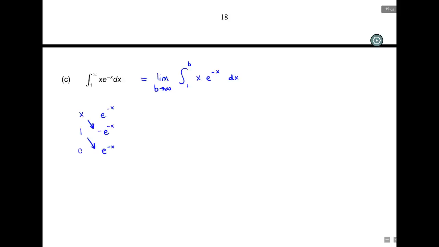And then we go diagonally, and it goes plus, minus. So now I get limit as b approaches infinity. I'm going to have negative x e to the negative x minus e to the negative x, and we want to evaluate that from 1 to b.